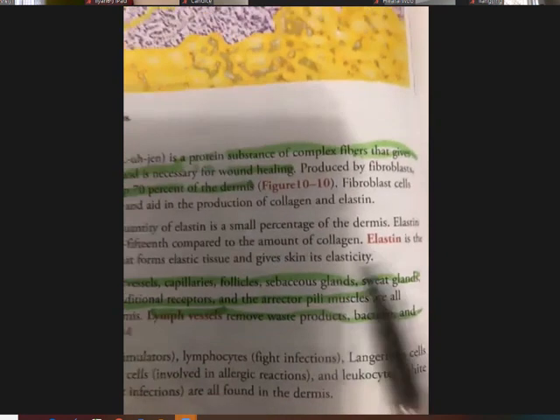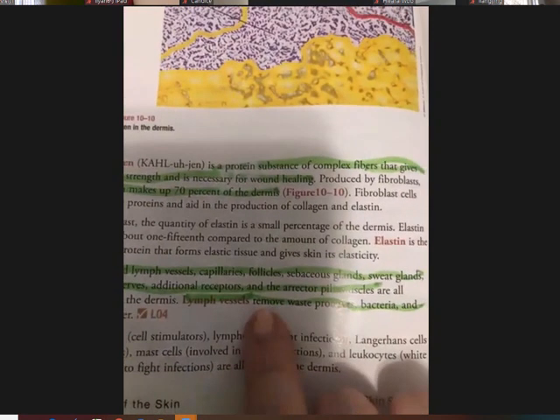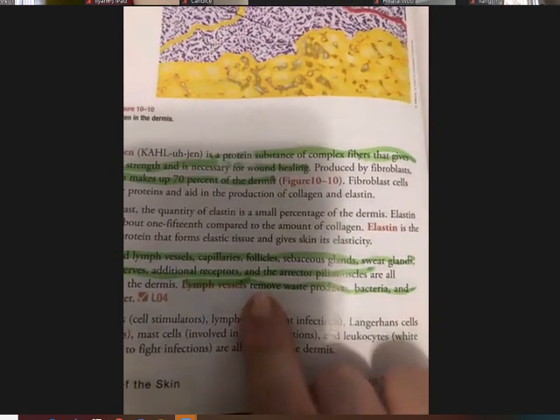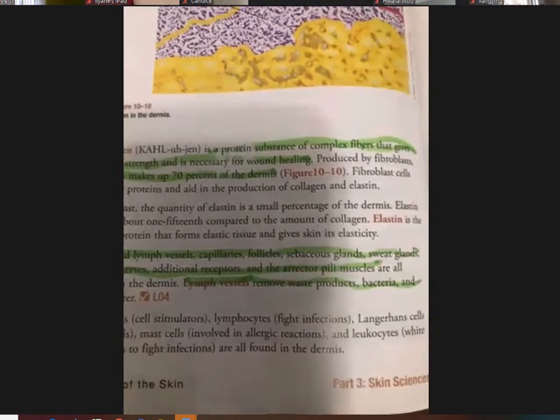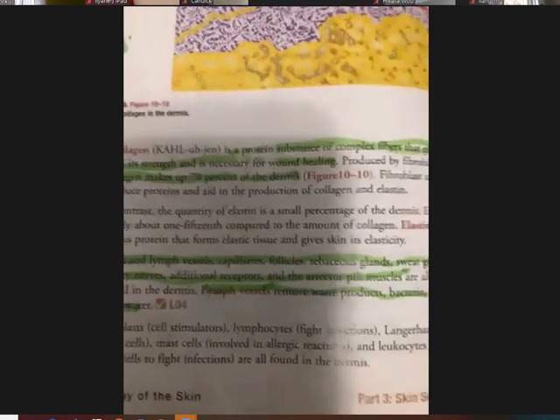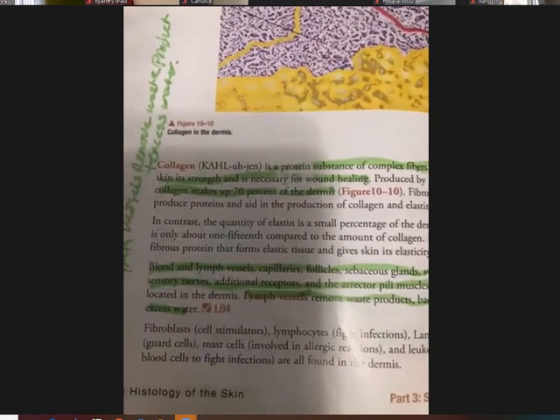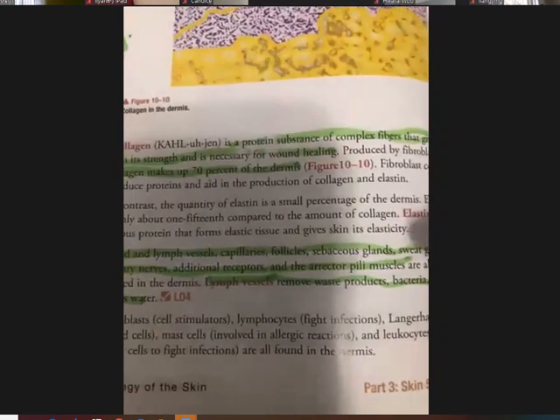So elastin is the fibrous protein that forms the elastic tissue and gives your skin elasticity. Elasticity 就是弹性。Okay, so elastin 给我们的皮肤弹性。Collagen 给我们的皮肤那个厚度。So collagen gives our skin the firmness, and elastin gives our skin the elasticity.